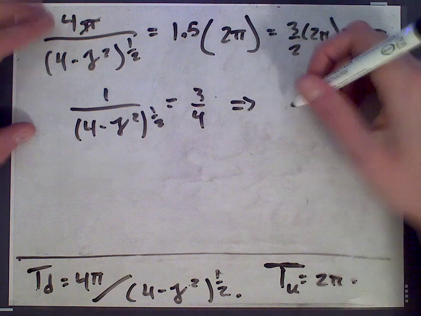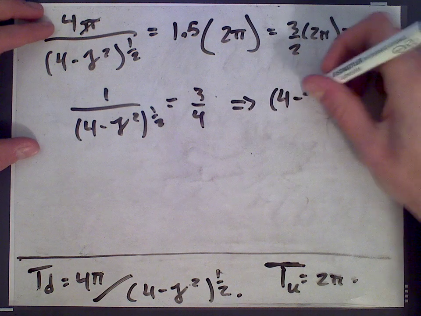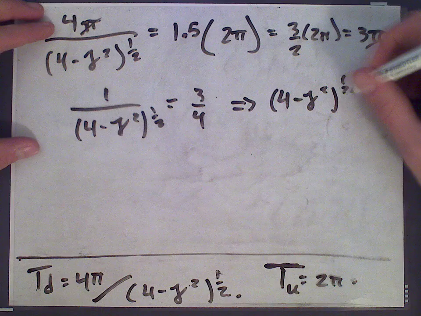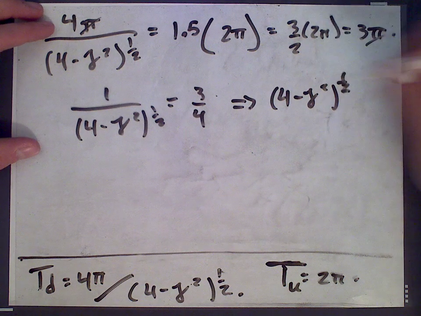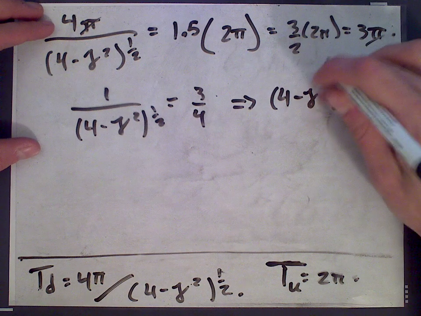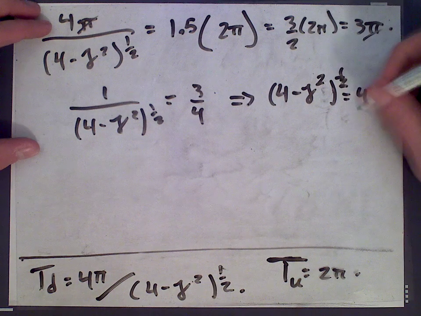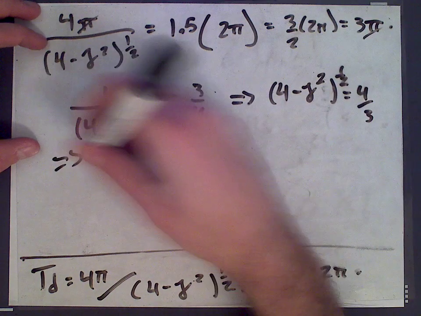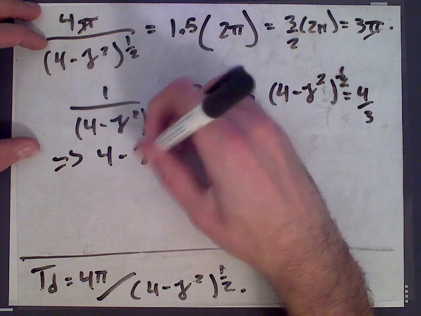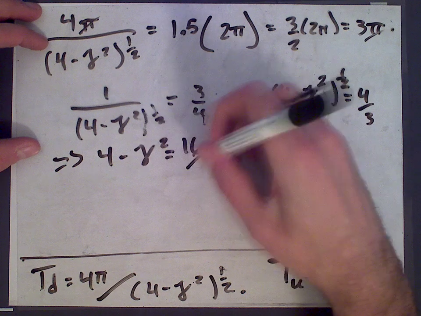Flipping some fractions, the square root of 4 minus gamma squared is 4 over 3. So 4 minus gamma squared is 16 over 9.